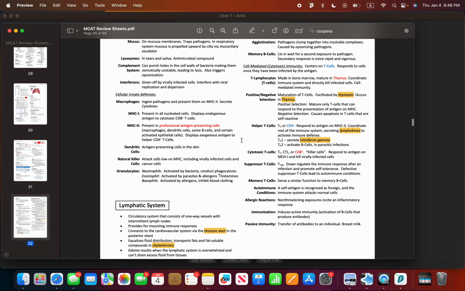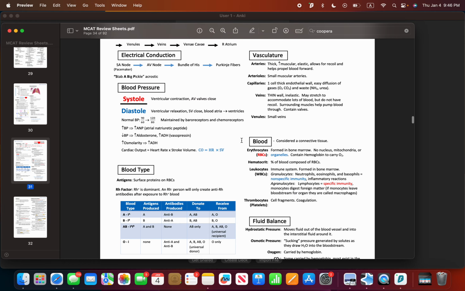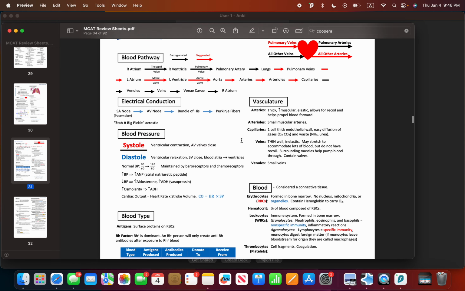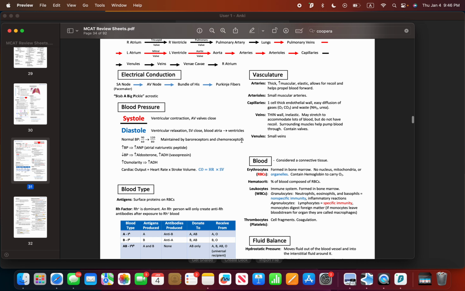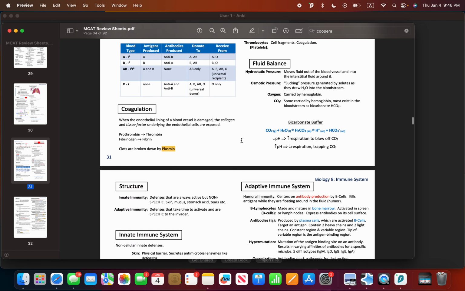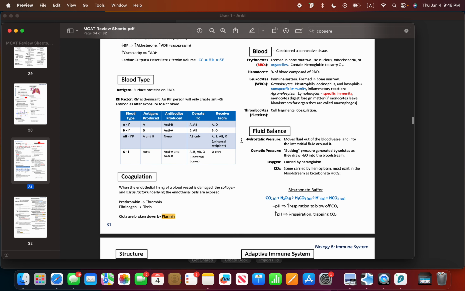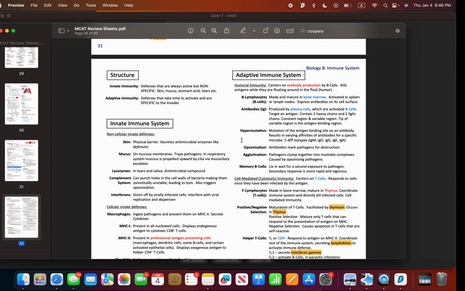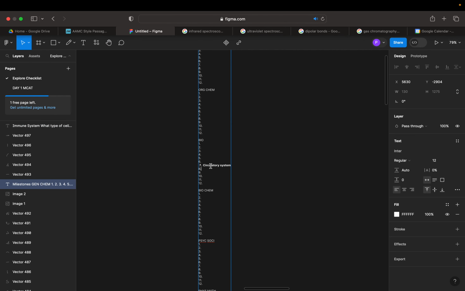However, we know that the immune system needs a bit more work, but with more questions, we can get down to the nitty-gritty details, and with more practice, we are going to make sure that we are not going to miss anything on these two topics. And here I will write down immune system.